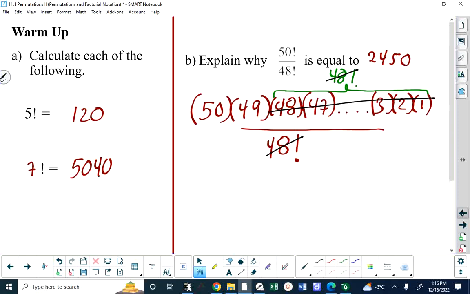Okay? And before we go on, I just want to highlight for you, and it may be obvious or not, I'm sure it's obvious when I mention it to you, the smaller factorial is inside of the larger factorial and not the other way around. The 48 factorial is a factor of 50 factorial.